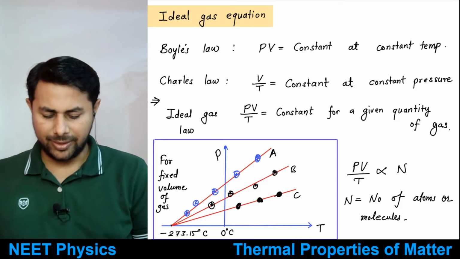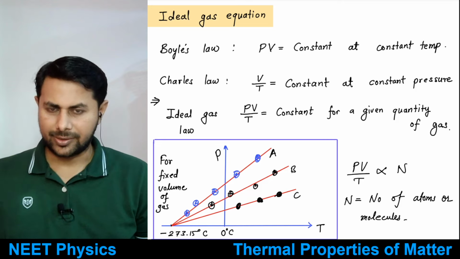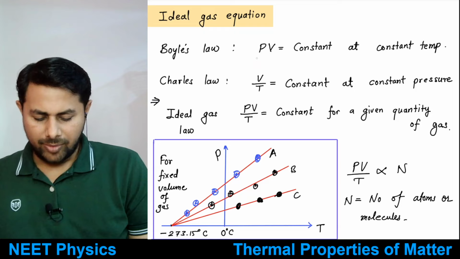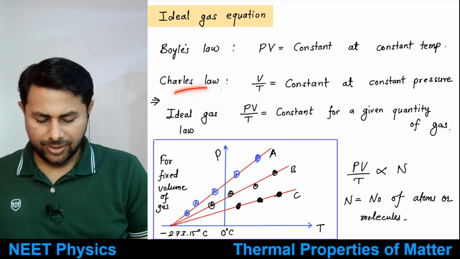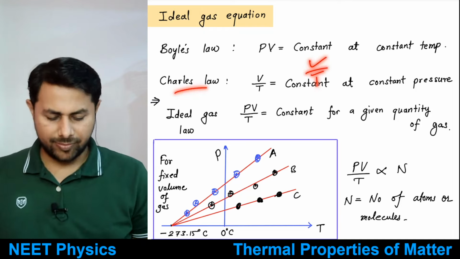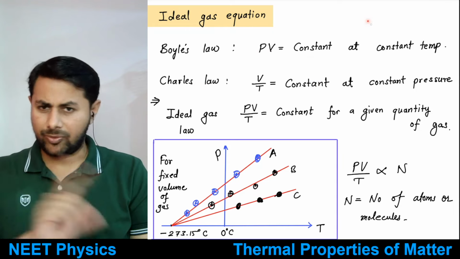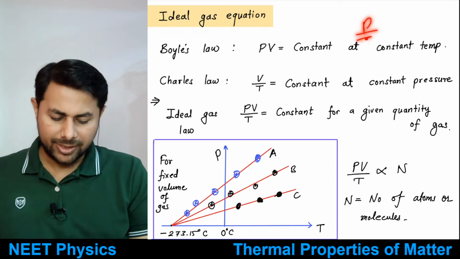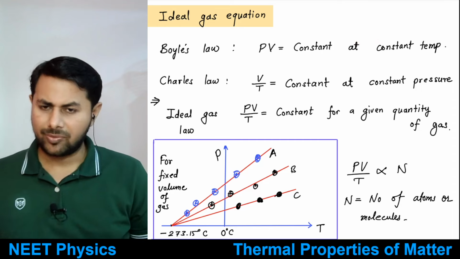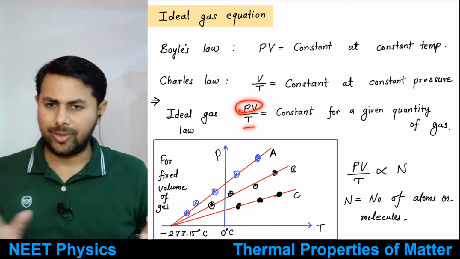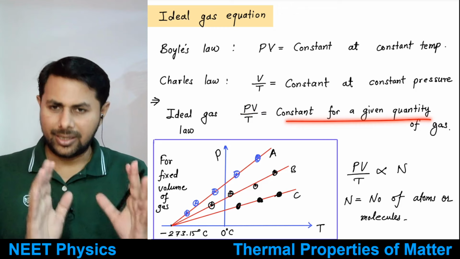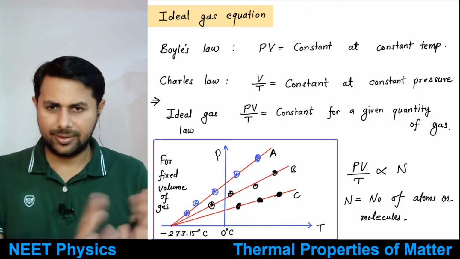Because Boyle's law says that PV is a constant. Charles' law says that V by T is a constant. Gay-Lussac's law says that if volume is kept constant, then P by T is a constant. So what does it mean? PV by T would be a constant for a given amount of gas.